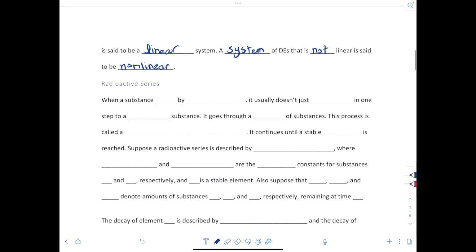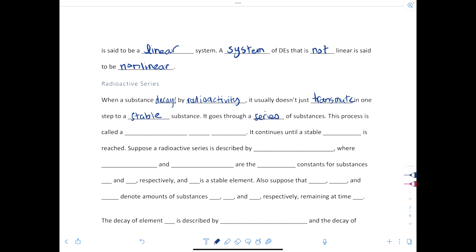All right, radioactive series. When a substance decays by radioactivity, it usually doesn't just transmute in one step to a stable substance. It goes through a series of substances.